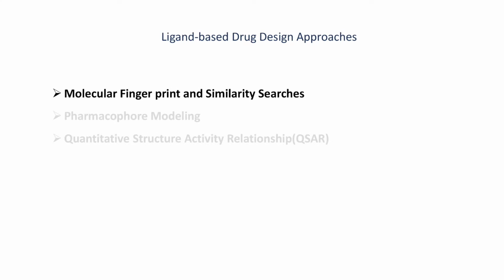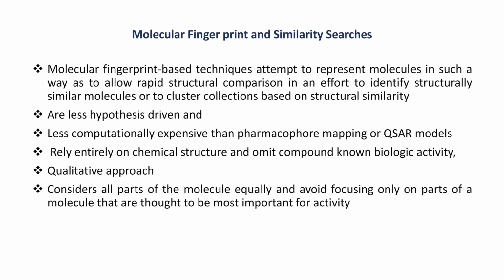Coming to the molecular fingerprint and similarity search method, these molecular fingerprint based techniques attempt to represent molecules in such a way as to allow rapid structural comparison in an effort to identify structurally similar molecules or to cluster collections based on structural similarity. These methods are less hypothesis driven and less computationally expensive than pharmacophore and QSAR based methods.